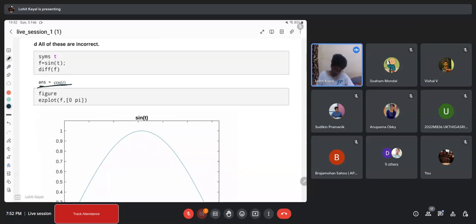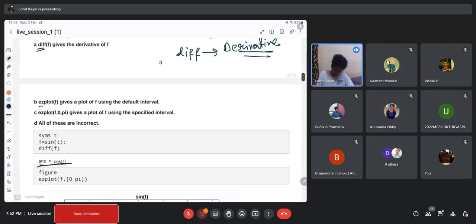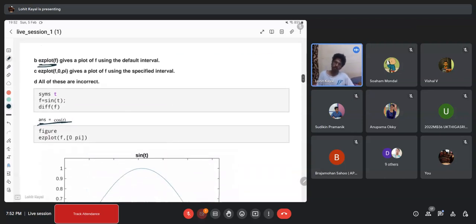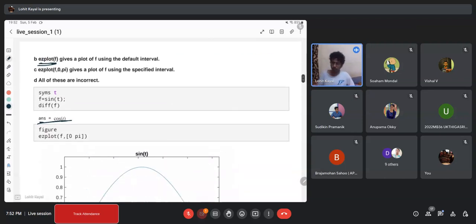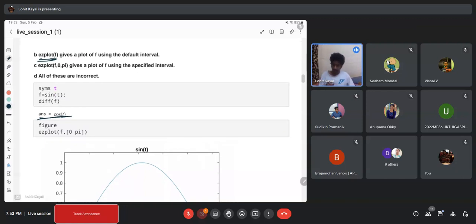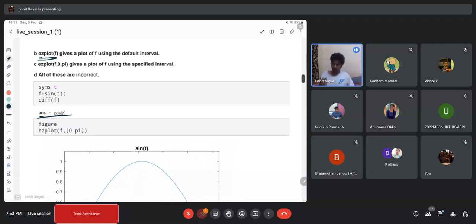Okay, fine. Now ezplot f. ezplot works. You can always find the result of a symbolic computation using ezplot. ezplot f will give you a plot, even if you don't mention any limit. Suppose I have a function sin x.